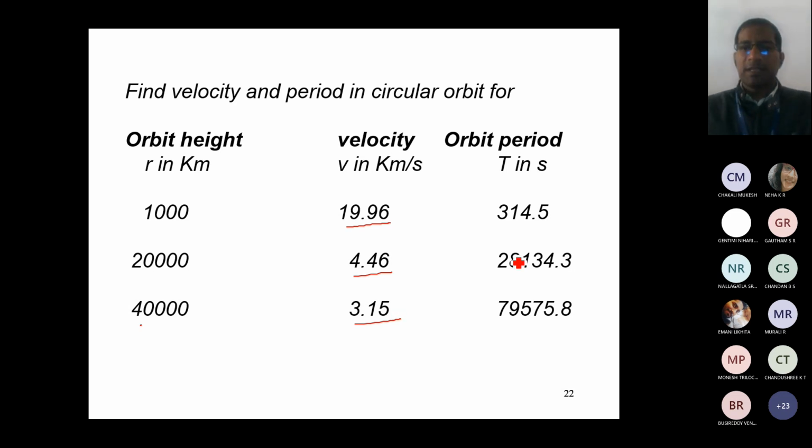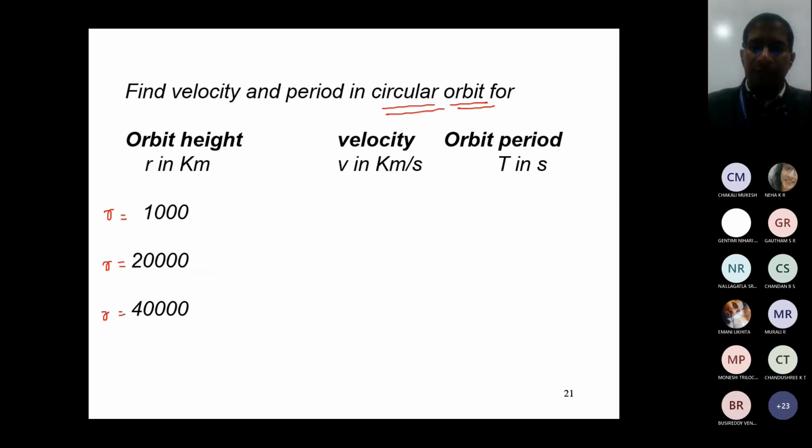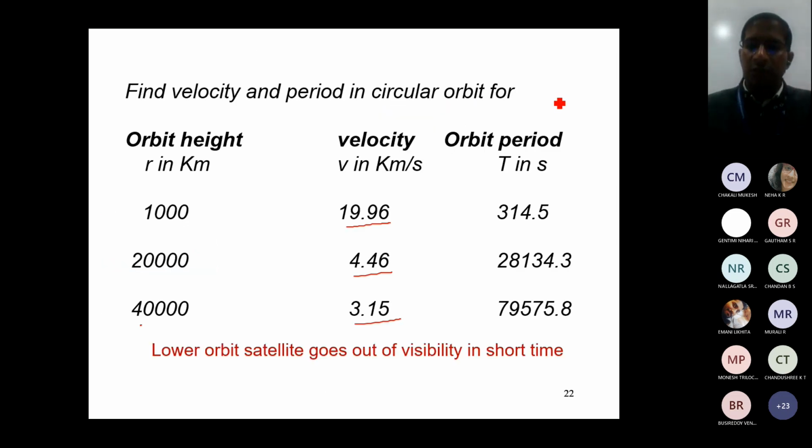Similarly, the time period you can find out from this. Once you have calculated the velocity, because R values 1000, 20,000 and 40,000 are given, from this you can calculate the time period. Suppose this is the Earth.